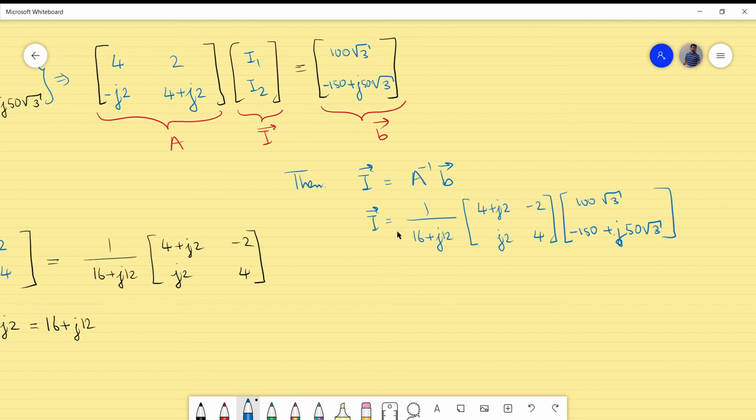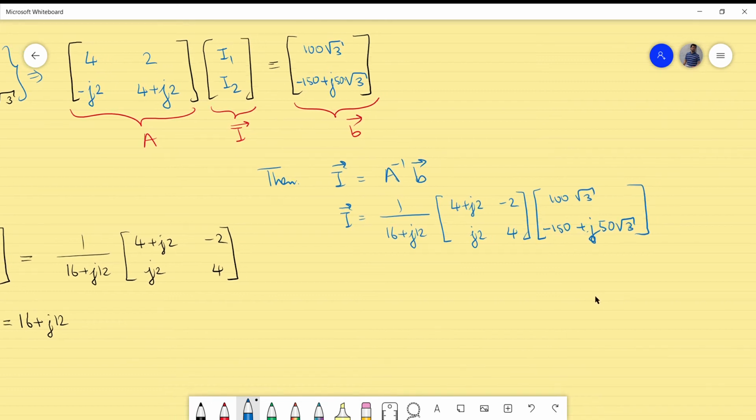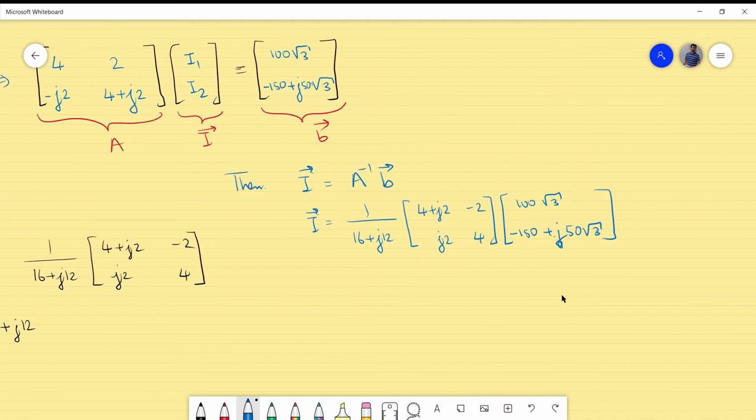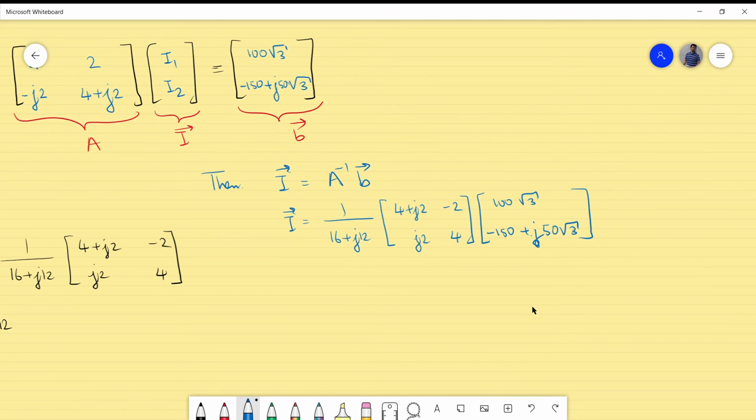Now if you work this out, just doing the matrix multiplication with the factors, you will have the following answer for I. So I is equal to 50.4 phase minus 27 degrees, and the other one will be 45.9 phase 94 degrees, and this is of course in amperes.